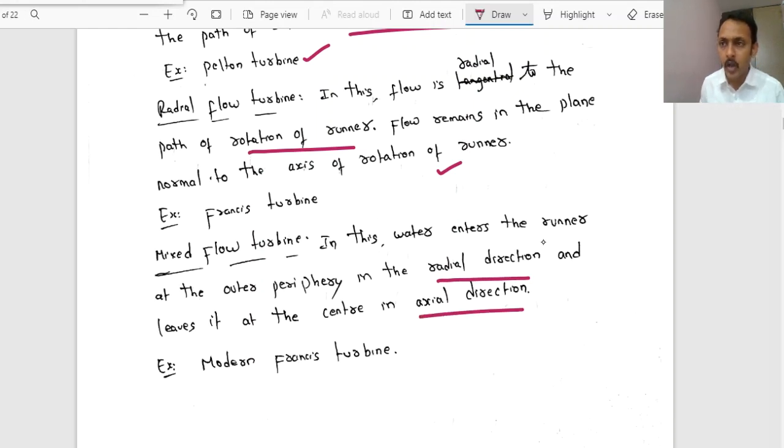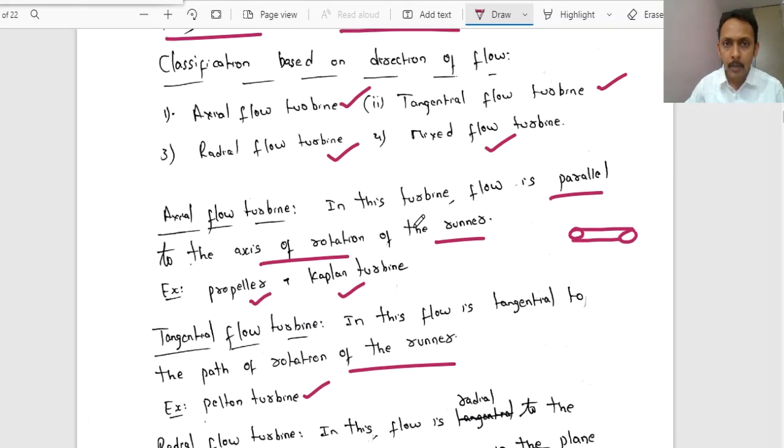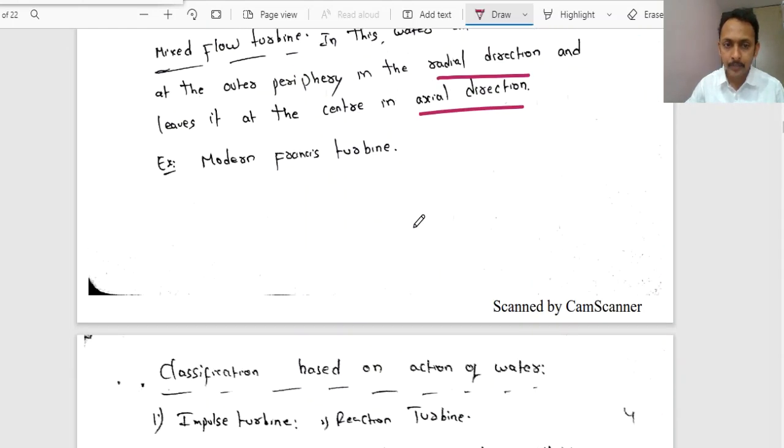Such a turbine we call a mixed flow turbine, and the modern Francis turbine is an example. So these are the four different types depending upon the direction of flow of water.